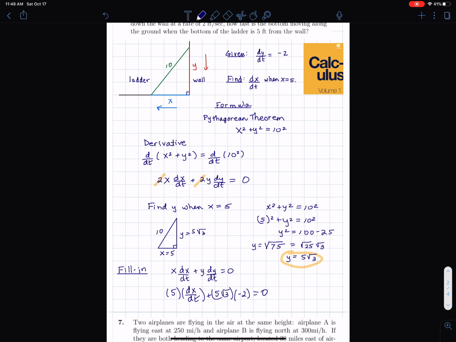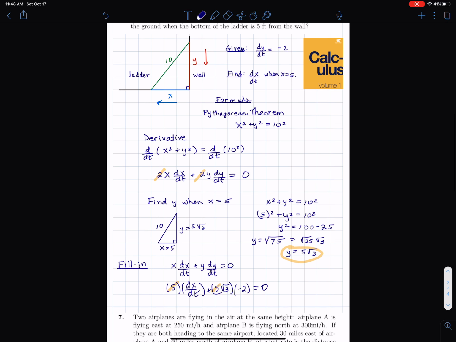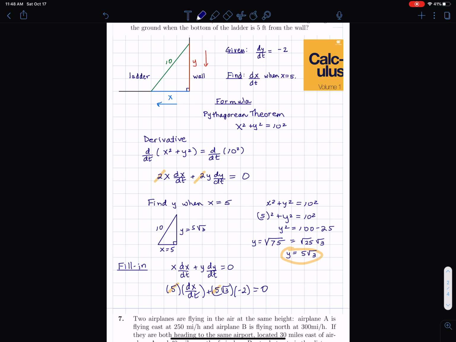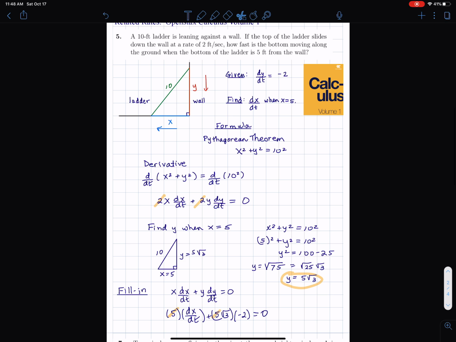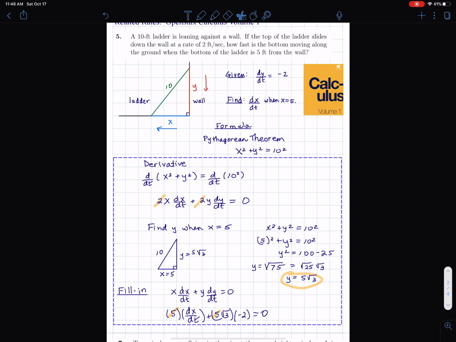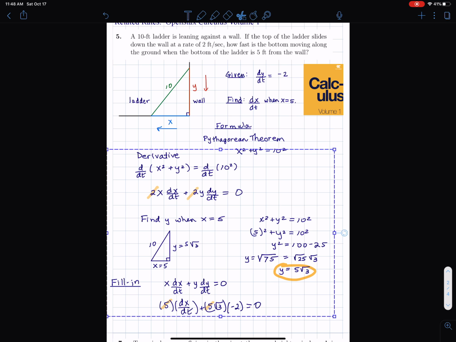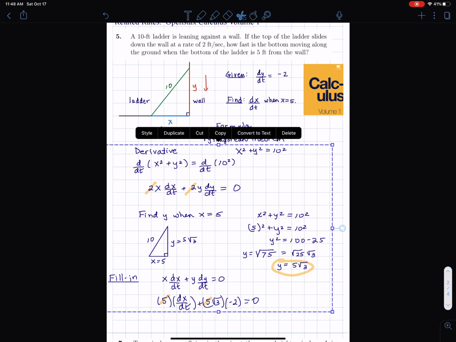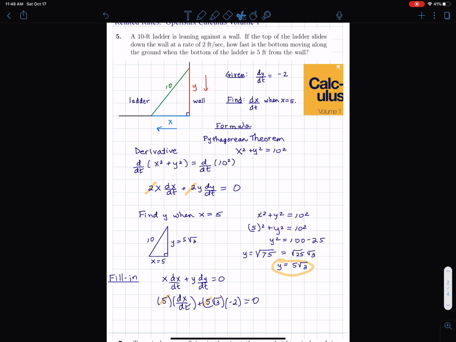Then I can do a little tiny canceling and cancel out these 5s. And then what we can see is that we find our answer. Except what I'm concerned is that I'm running out of space.